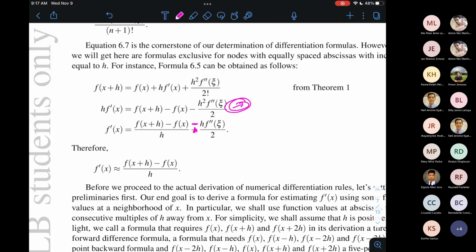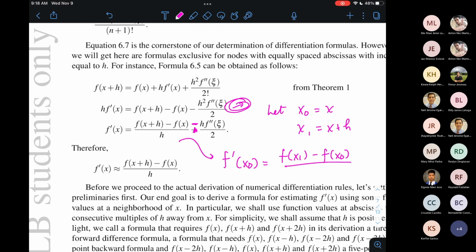Okay. Now, if we will let x sub 0 to be our x, and then x1 to be x plus h, then this guy will be f prime of x sub 0 equals f of x1 minus f of x sub 0 all over, well, what is h? H will be just the difference between x1 and x sub 0, right?